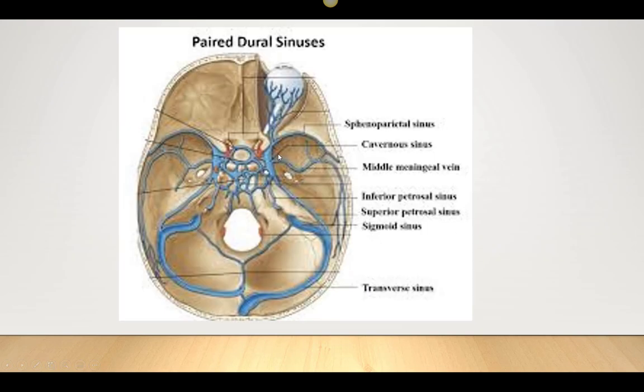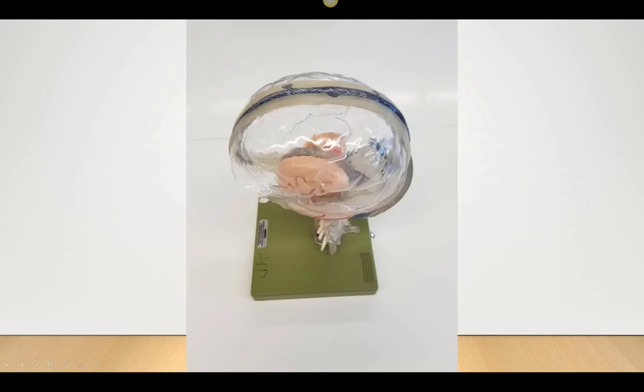And this is another one that also shows all these cavernous sinuses all around the pituitary gland. Then you have the petrosal ones and how they are connecting, like for example this occipital sinus, how it finally connects to the sigmoid and internal jugular. So that was all about the sinuses.